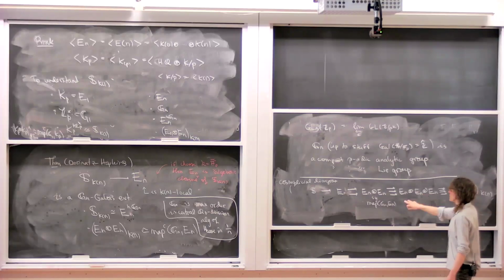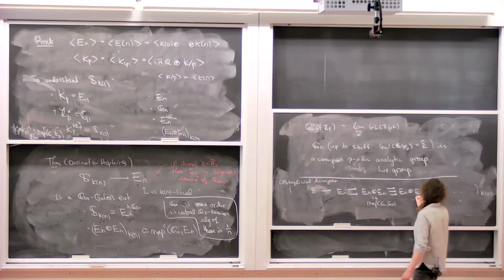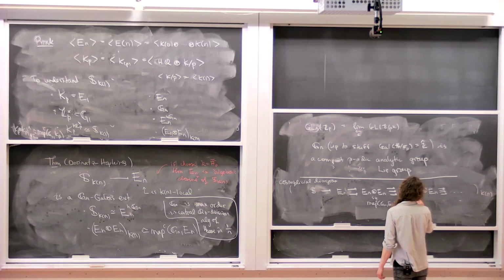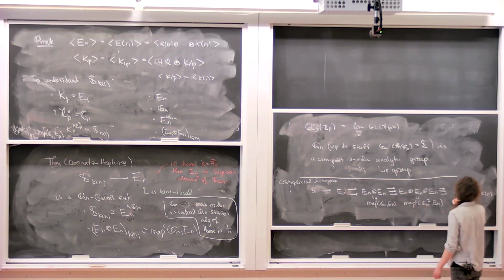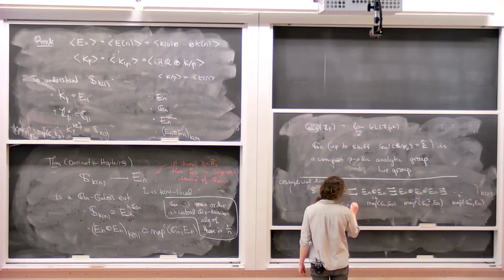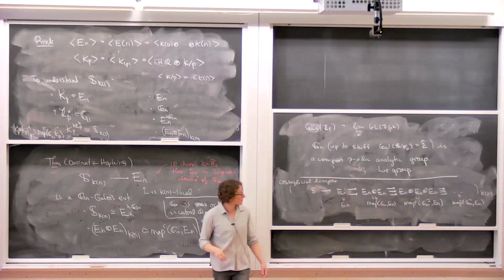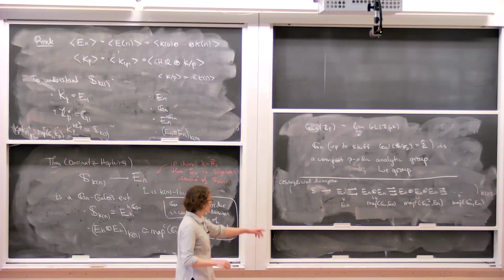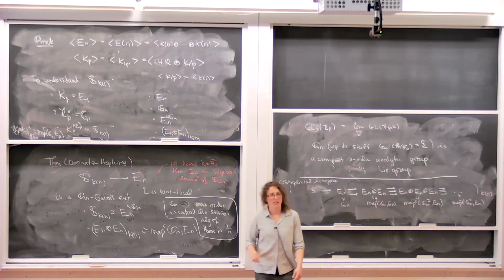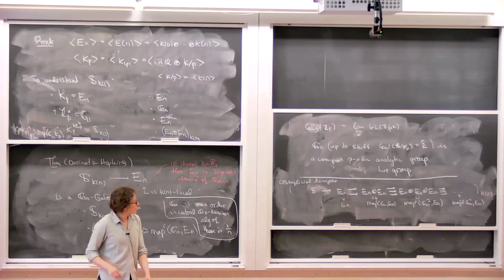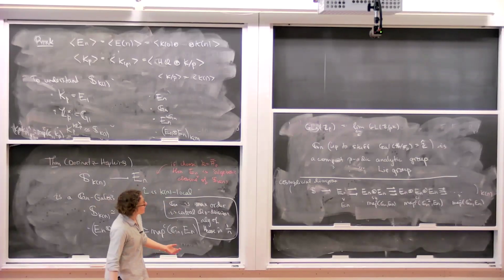If I decompose this one like that and then do it again, you're going to be able to identify this with the next term, and so on, tensored and localized. Yes, I said localize everything. So you iterate that.